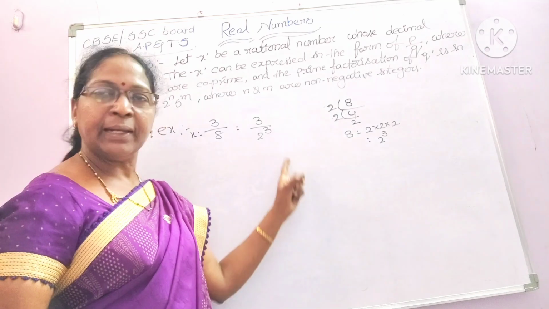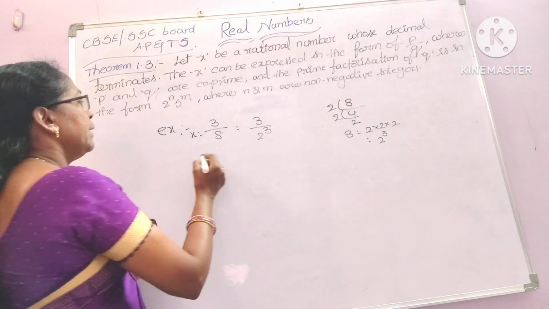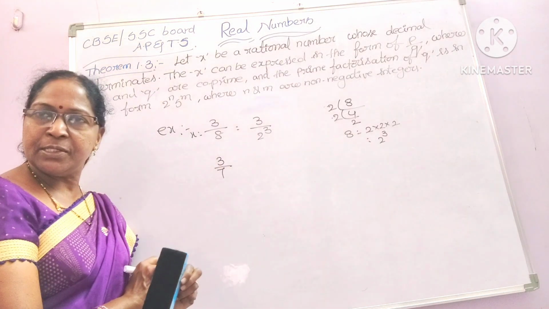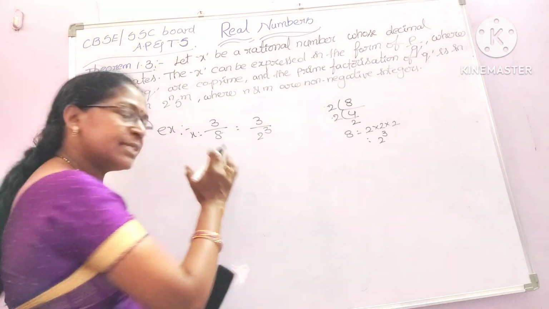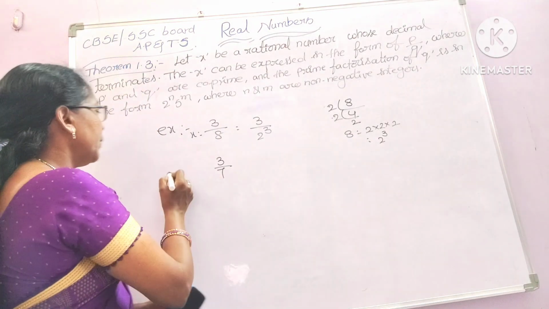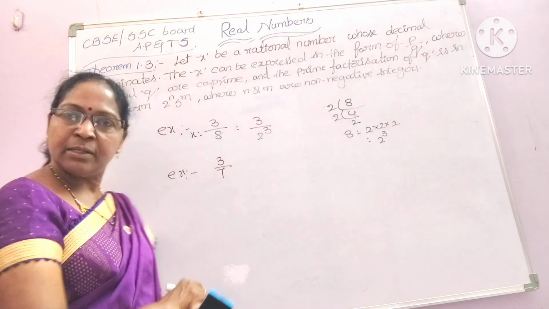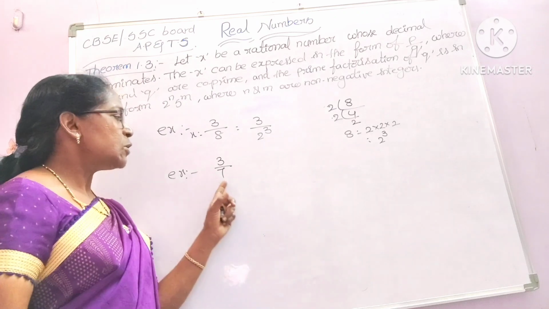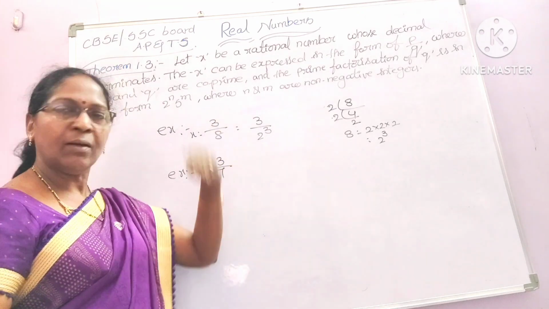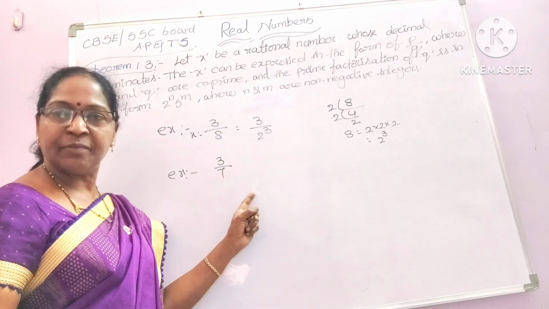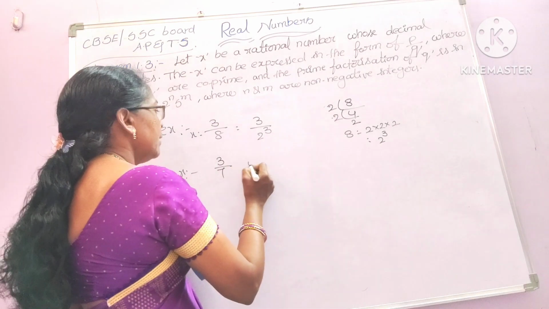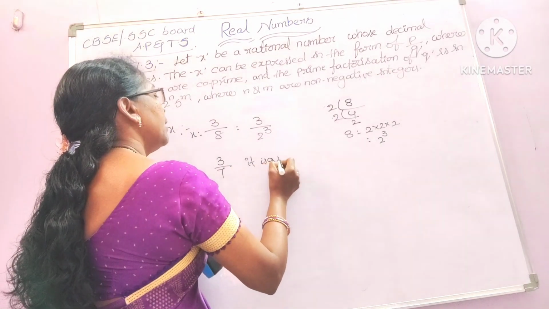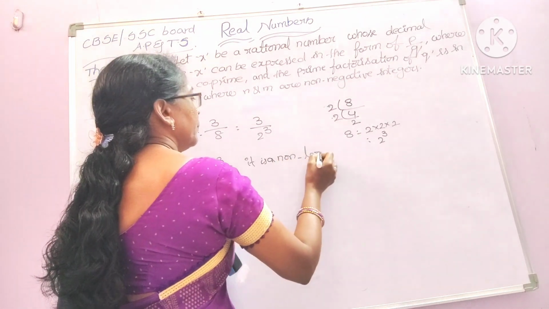It is a terminating decimal. Suppose here any other number, 3 by 7, is there. Just check it. Can you write 7 in the form of 2 power n and 5 power m? No. Why? Because 7 is a prime number and also an odd number. This cannot be written in the form of 2 power n and 5 power m. So it is a non-terminating decimal.